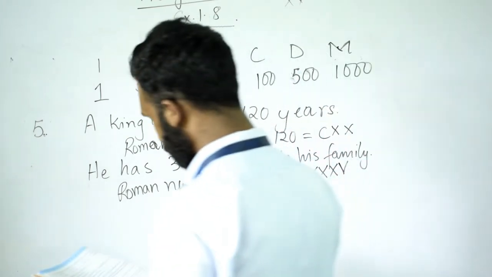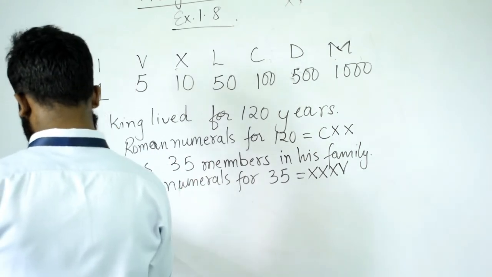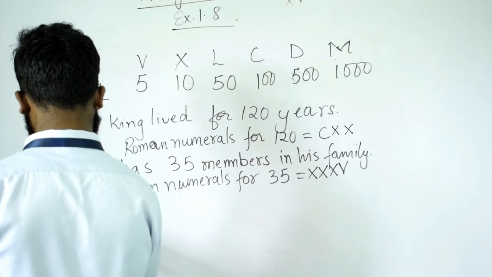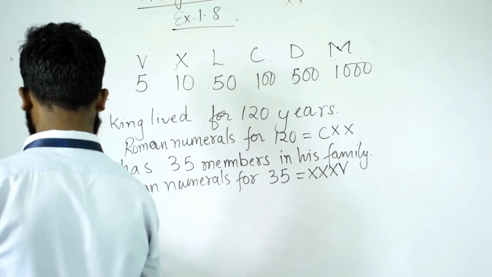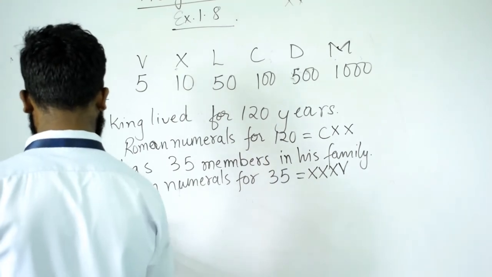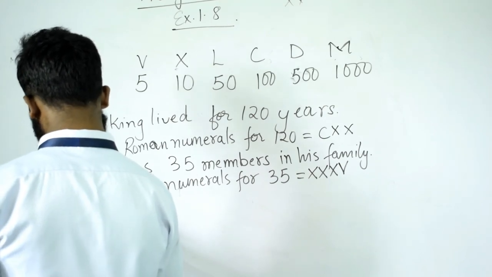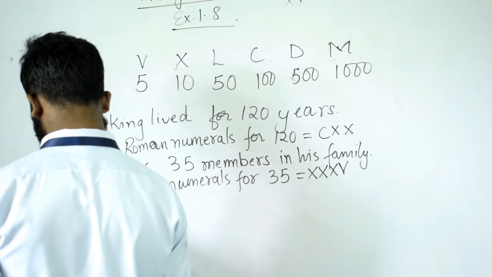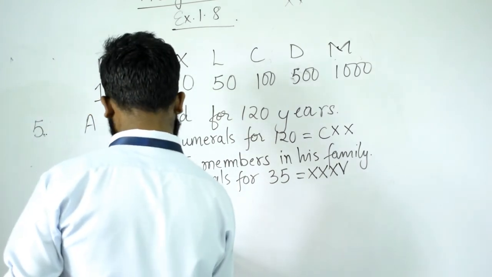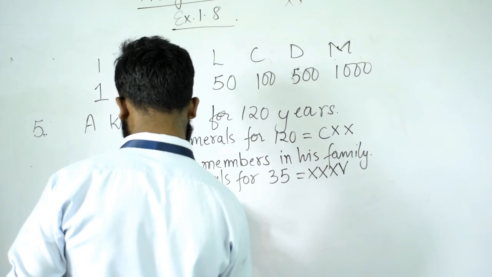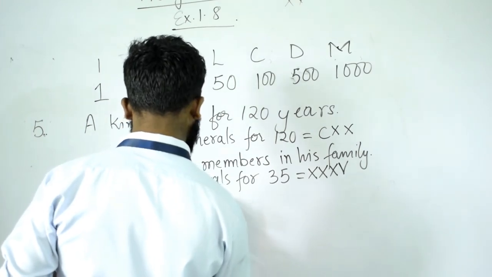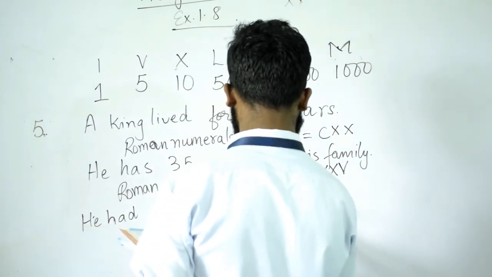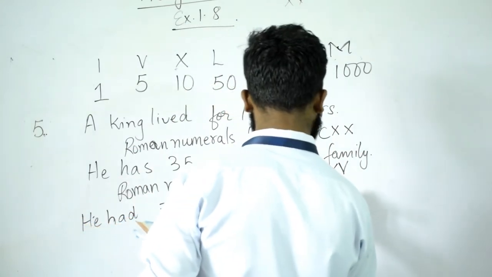And the last one, he had 76 states under his kingdom.